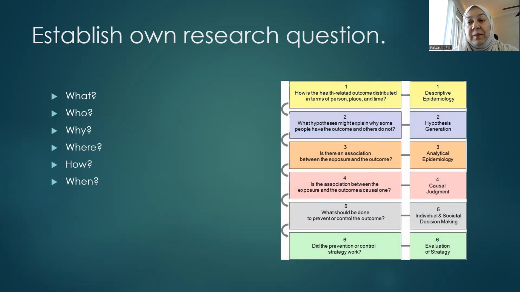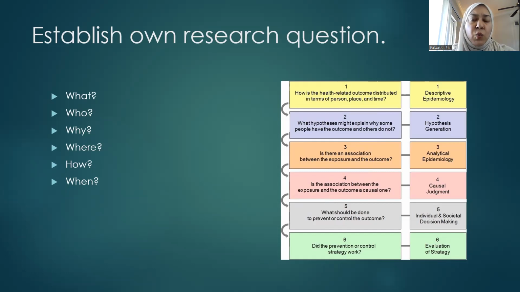So as you can see here, I'm showing you, how is a health related outcome distributed in terms of place, person, and time? A descriptive epidemiologic question. Then there is hypothesis generation, or making theories. What hypothesis may explain why some people have the outcome and some people don't? Are there any possible theories?